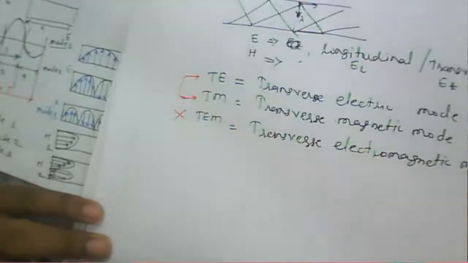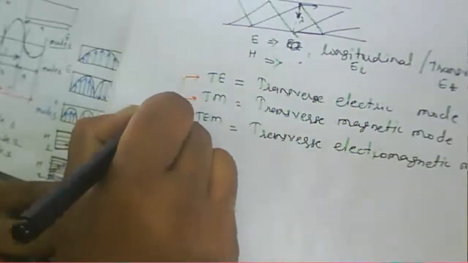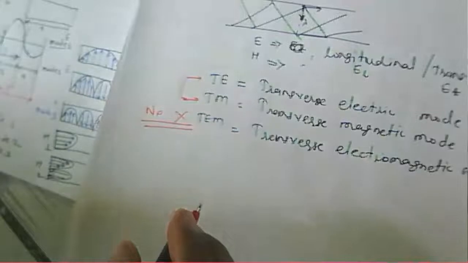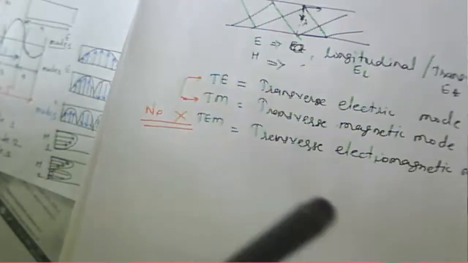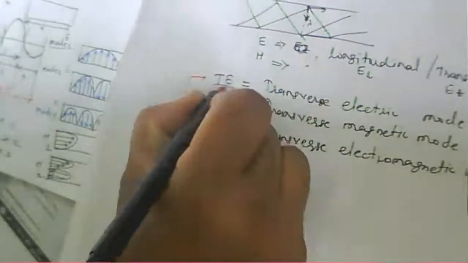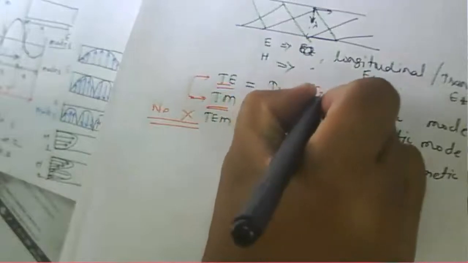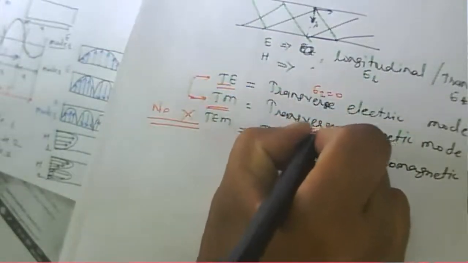Only transverse electric and transverse magnetic waves are propagating through the guide. You just remember, no TEM wave is propagating through the guide. Why is it not propagating? Because it would need both field components Ez and Hz. But in the case of a TE mode, Ez is equal to 0. In the case of a TM mode, Hz is equal to 0.